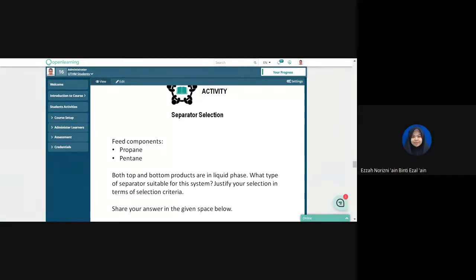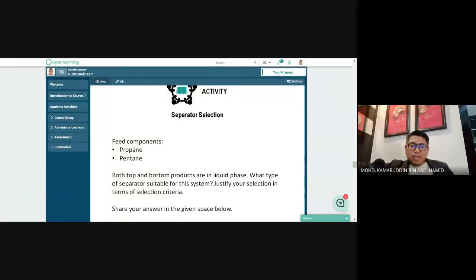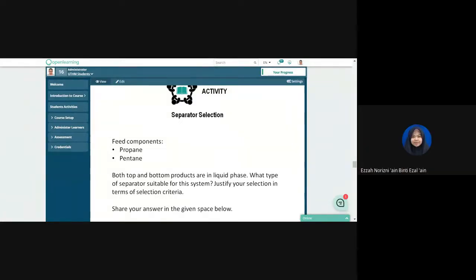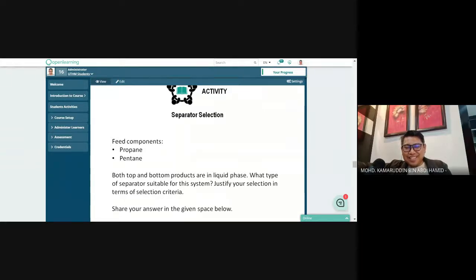Is it reflux ratio? Where is the reflux? What is the name of the separator? Azhar, how can you use a refinery here? A refinery is for when you have many products. Now what we want to maintain is a liquid at the bottom; we don't care about its purity and don't want to control it. What we want to control is only the purity of propane at the top, and that should be in liquid form.